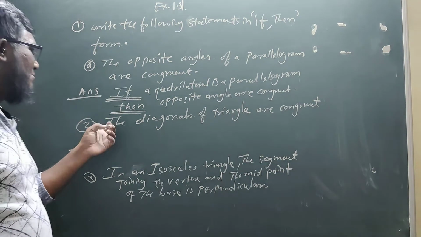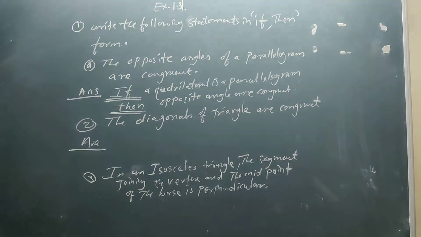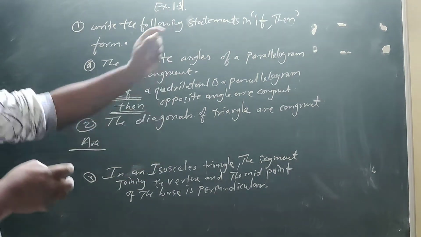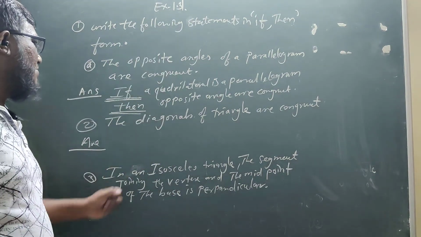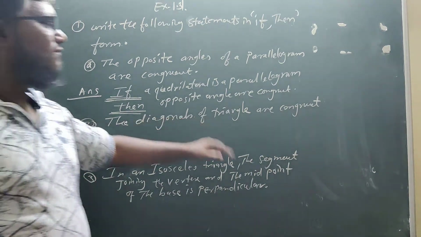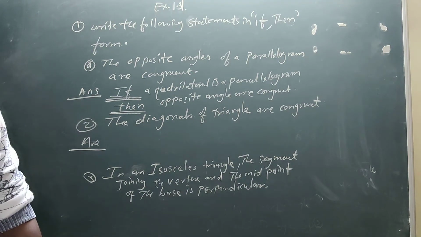Now the second statement is given: the diagonals of a triangle are congruent. We have to use the if-then form in this particular statement.